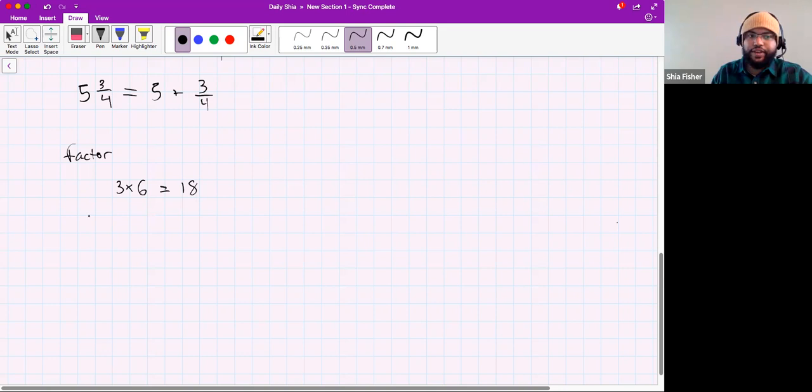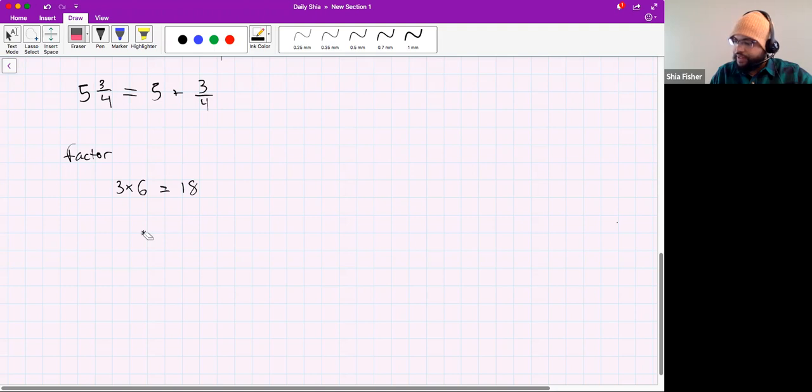And just for review, we're saying 6, 3 times: 6 plus 6 plus 6. So there's 3 6s that we've added up together, and that equals 18, right? Because 2 6s is 12, and then 12 and 6 is 18. Cool. Well, what is a factor?